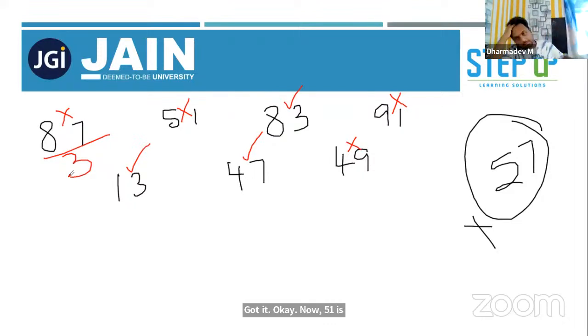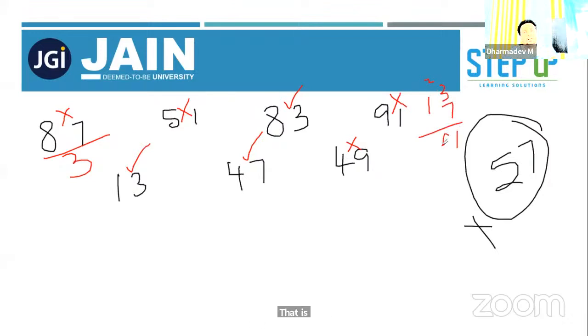Is 51 divisible by 3? But 91 here is an exceptional case, because it is 13 times 7. Did you get that?